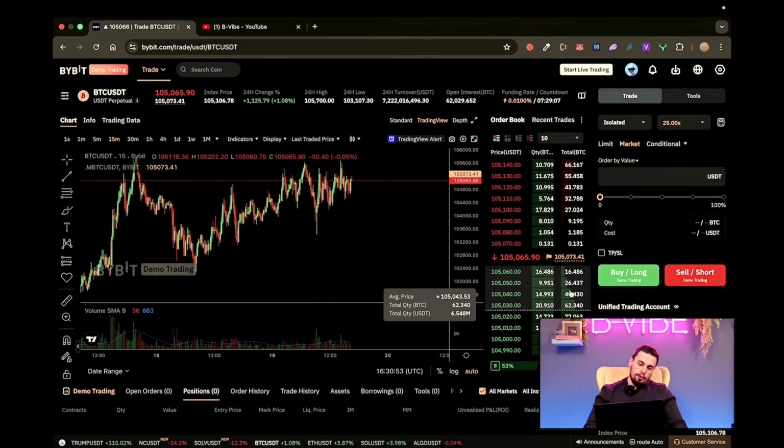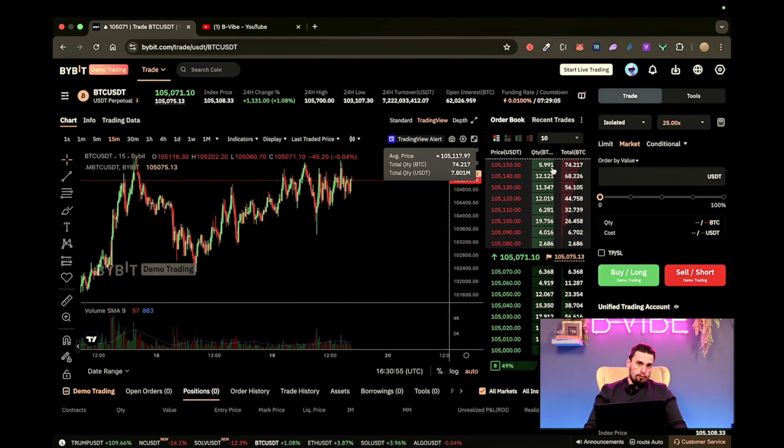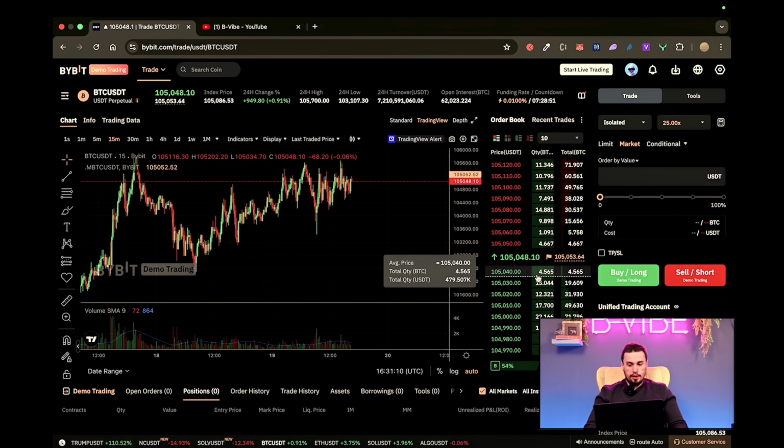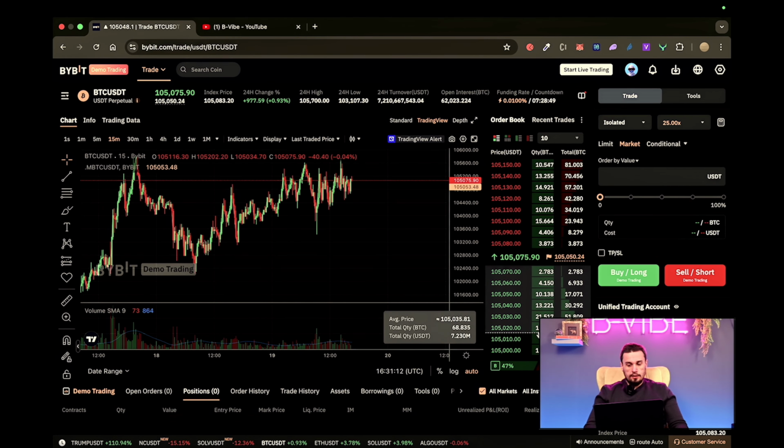Here on the right side, you have the order book. I have shown you in the previous episode what this order book is. This is the amount of Bitcoins that are ready to be sold or bought at a specific price. You can see here that there are, I don't know, 17 or 16 Bitcoins to be bought at $105,040.